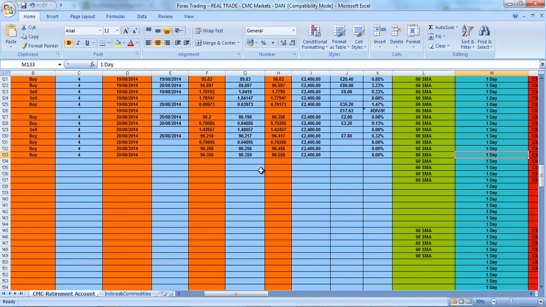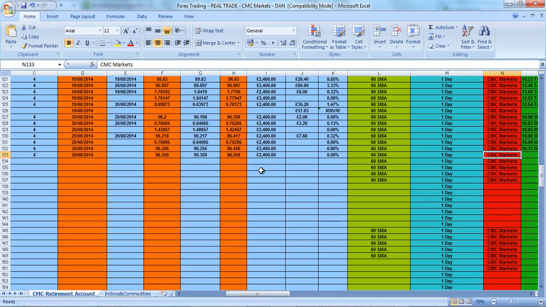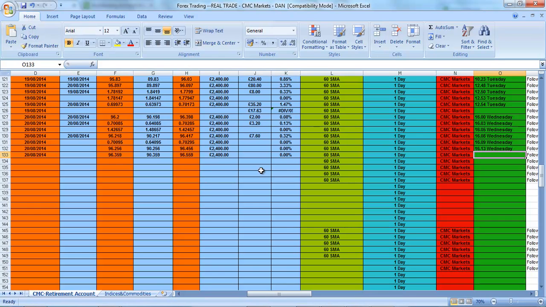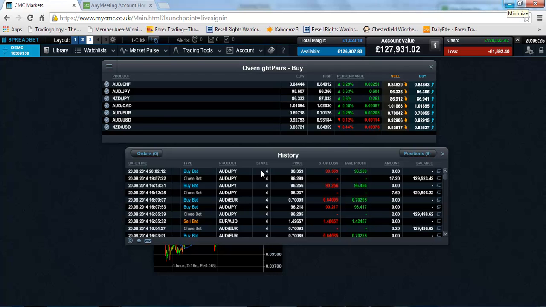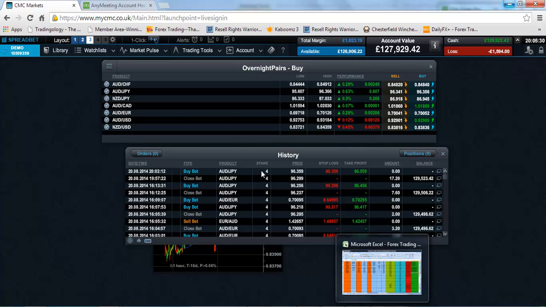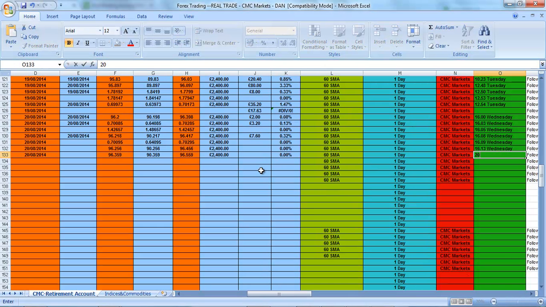And then obviously it's the 1 day chart that I was using, the 1 day time frame, 1 hour, sorry, so it's fine. And then I'll go to CMC Markets, obviously that is the platform I'm using. And then the time, I bought this at 20:02, that is 2 past 8 in the evening, so I put 20:02, and today is Wednesday, so I just put it like that.